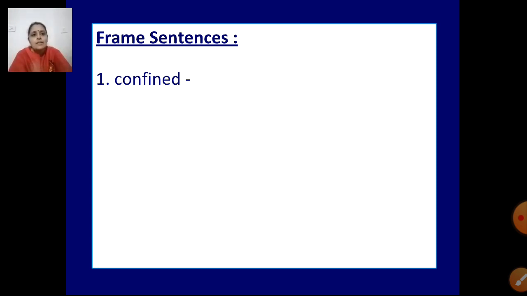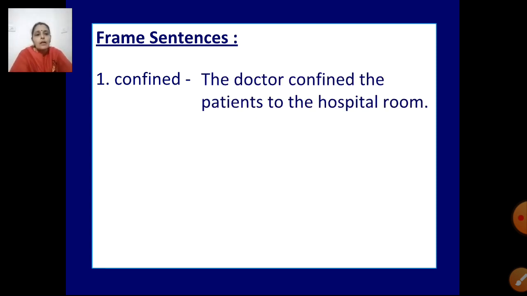The doctor confined the patients to the hospital room. Yes? Understood, children? Let's see the next word. Weave. Yes, weave is making cloth from threads. So, can you think of a sentence?